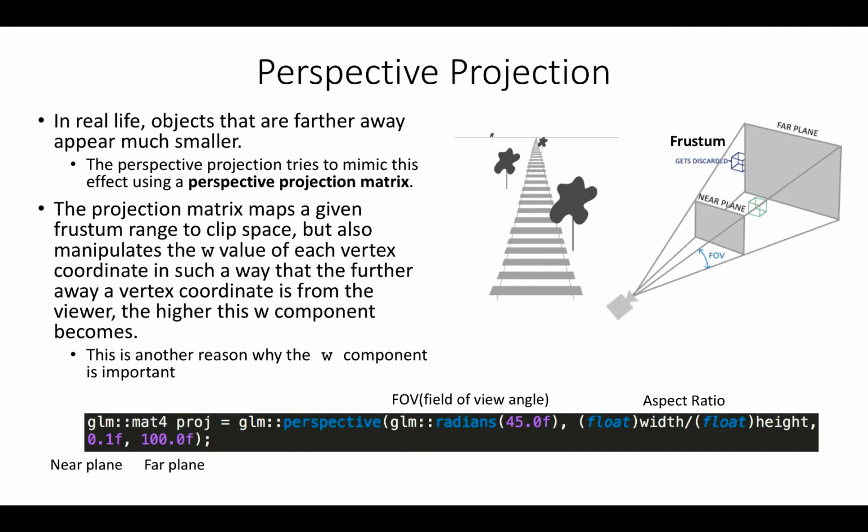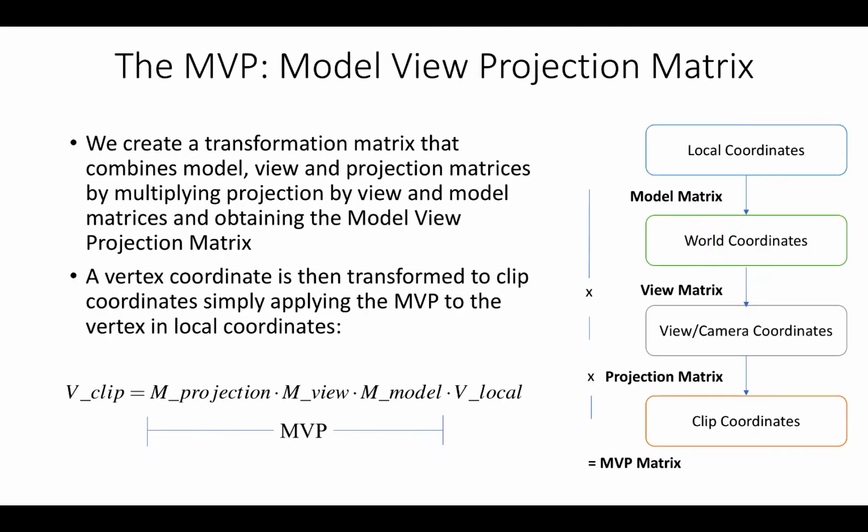Each component of the vertex coordinate is divided by its W component, giving smaller vertex coordinates the farther away a vertex is from the viewer. This is another reason why the W component is important, since it helps us with the perspective projection. A perspective projection matrix can be created in GLM using the glm::perspective function.